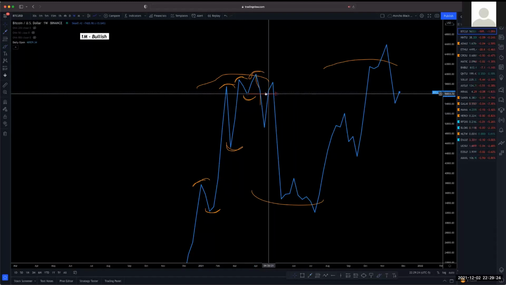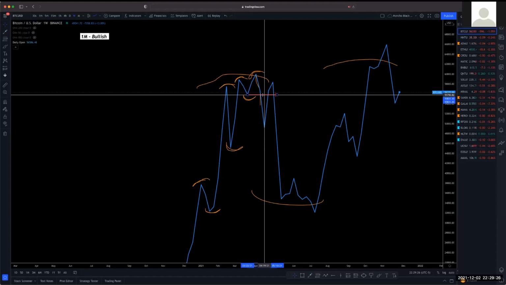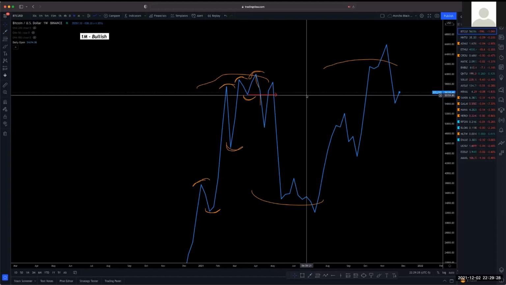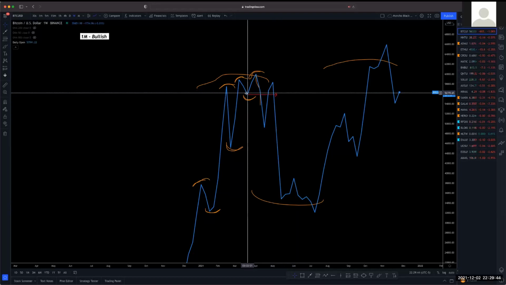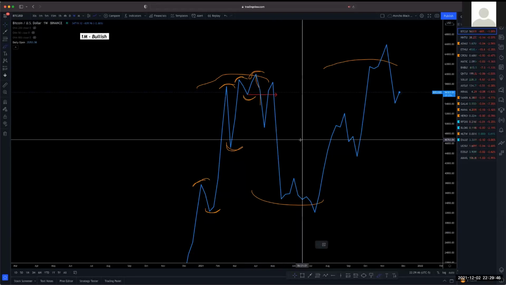When you identify a break of structure, you can anticipate some bearish price action, depending on what side we're breaking down to.